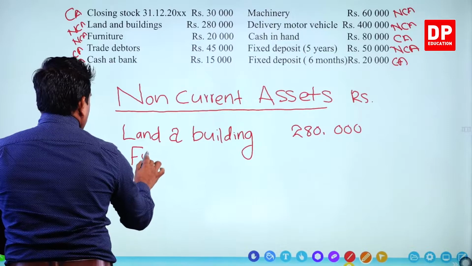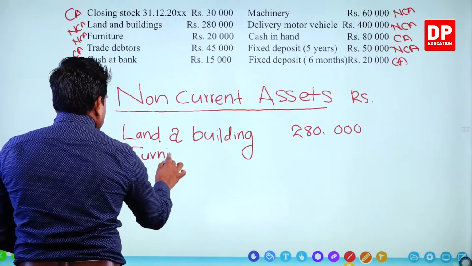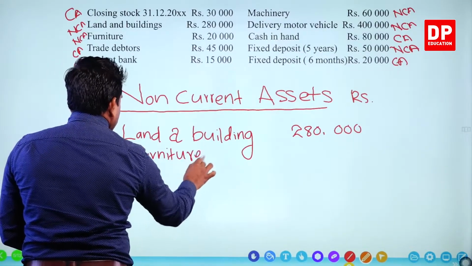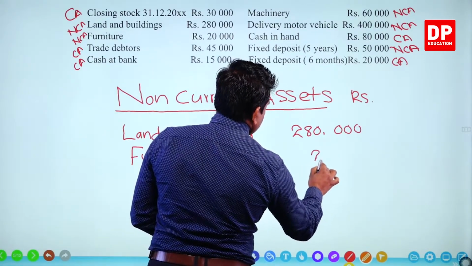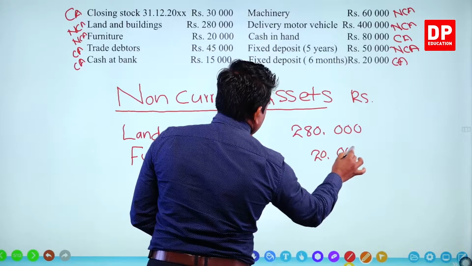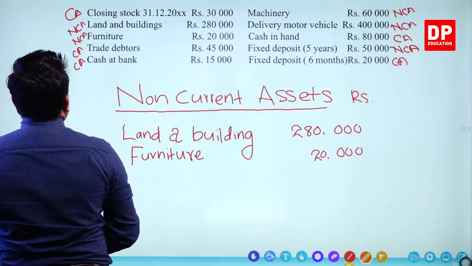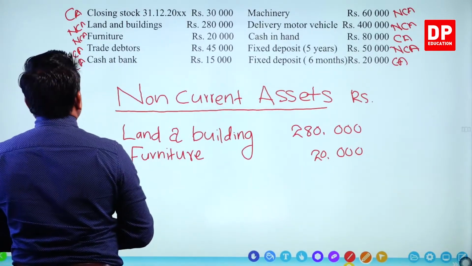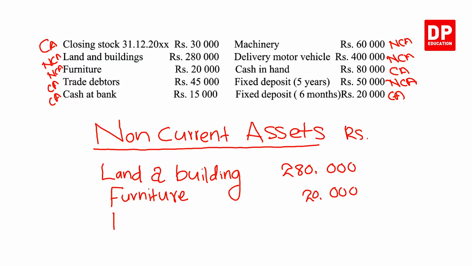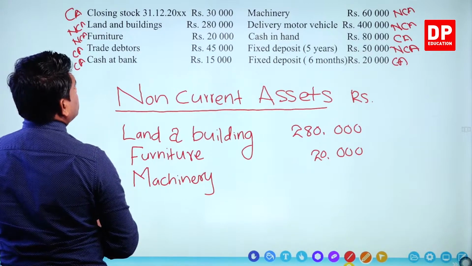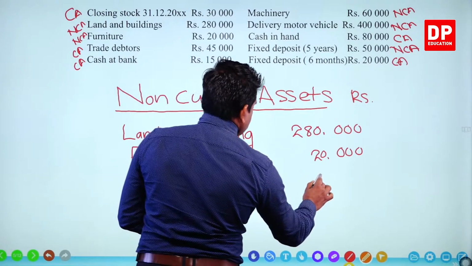Furniture also non-current assets. 20,000. Trade debtors go under the current assets, so cash at bank also current assets. Machinery, 60,000.